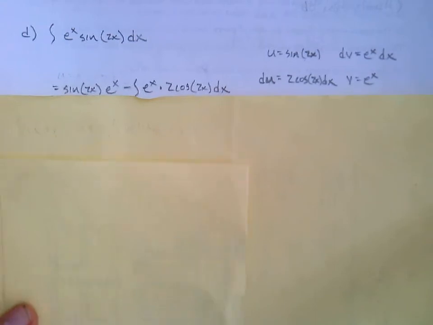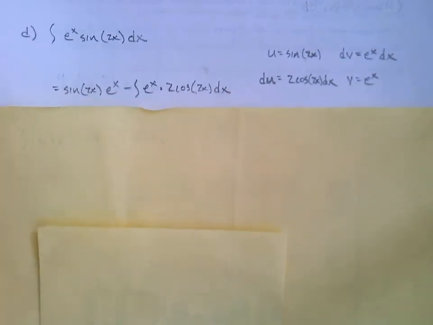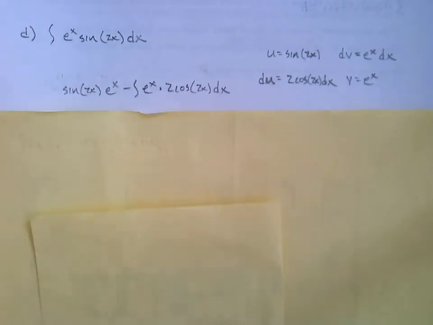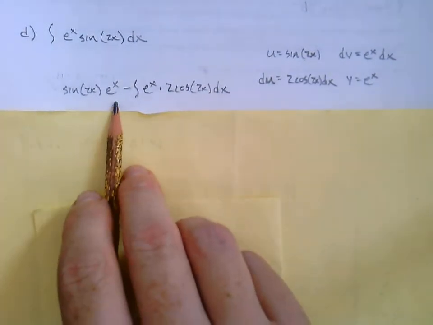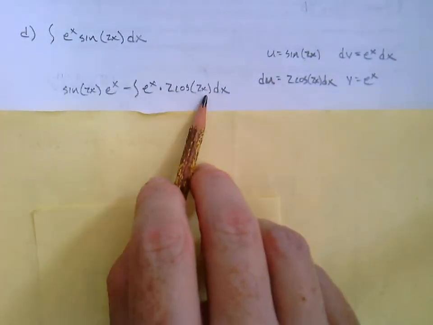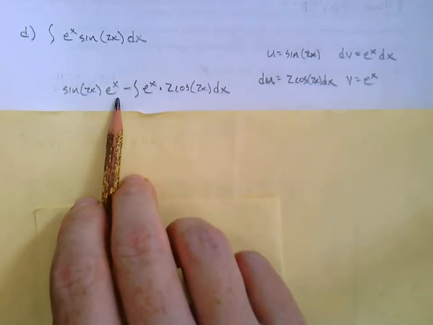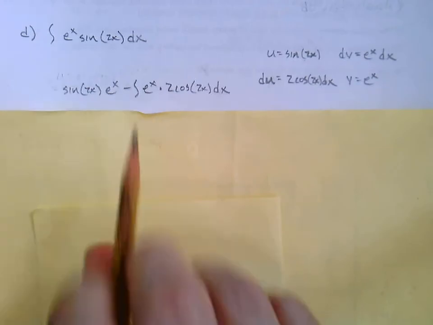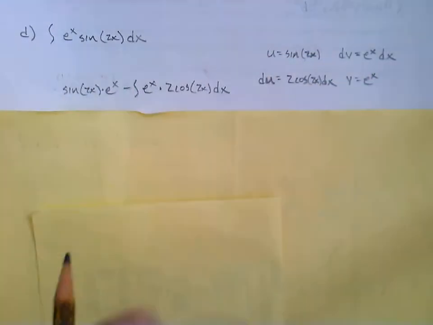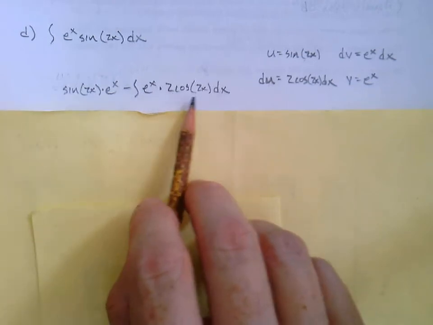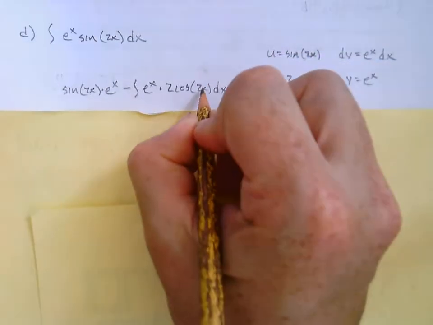Okay, so our first step: uv minus the integral of v du. So we've got sine 2x times e to the x, minus the integral of e to the x times our du, 2 cosine 2x dx.